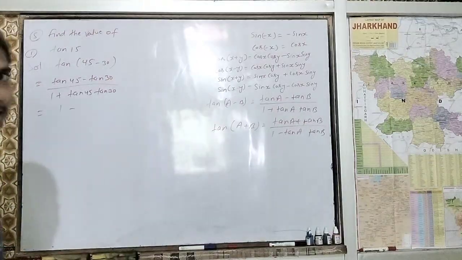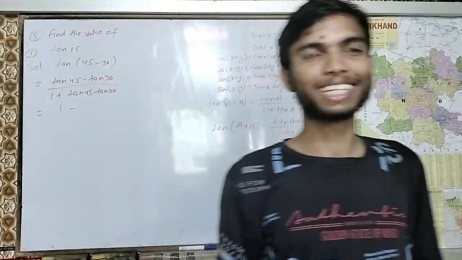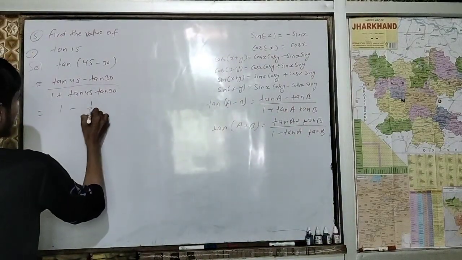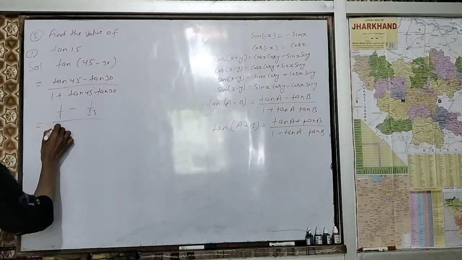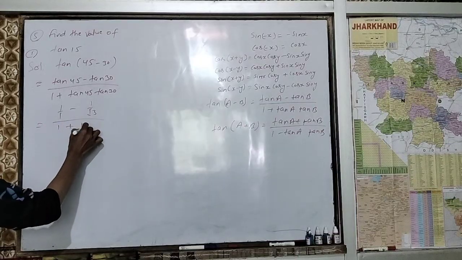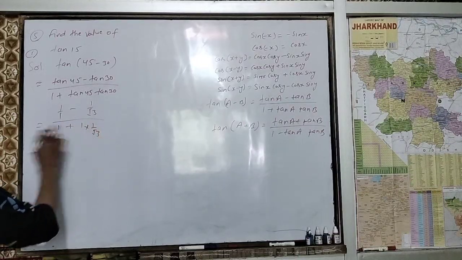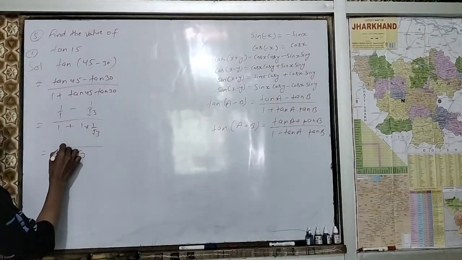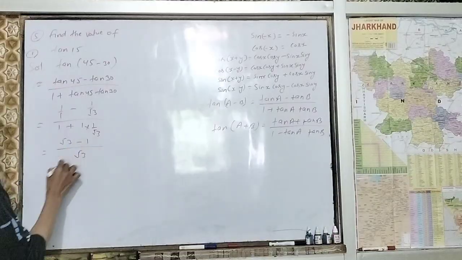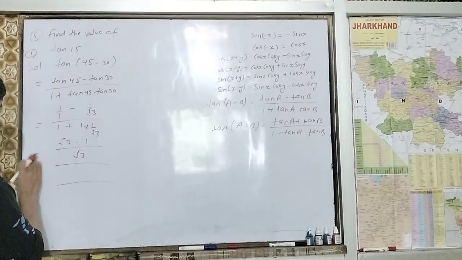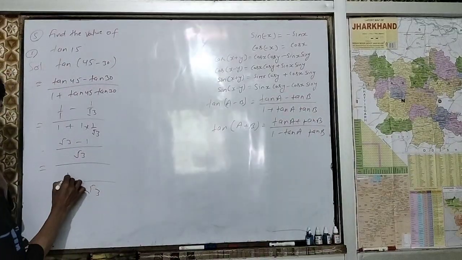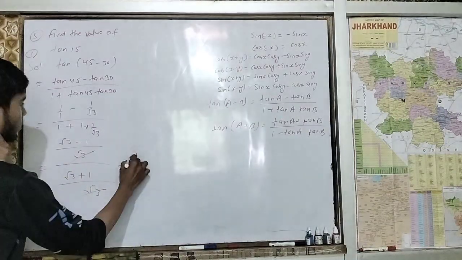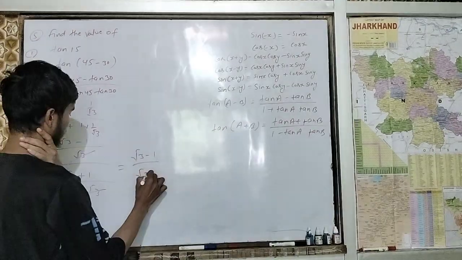Tan 30 is just 1 upon root 3. Then upon 1 plus 1 multiplied by 1 upon root 3. Clear? Here we are correct. So root 3 minus 1 upon root 3 plus 1. The root 3 will cut each other. We got root 3 minus 1 upon root 3 plus 1.